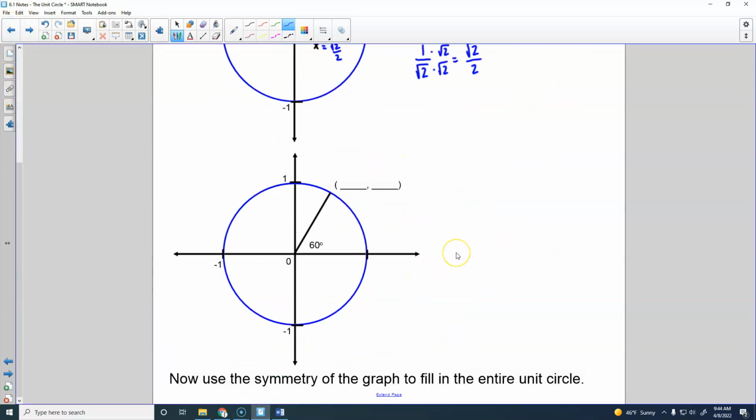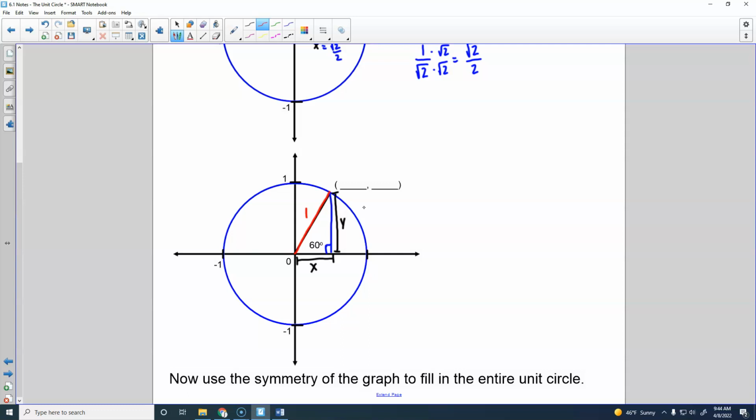All right, last one that we're going to do this way. If I drop down a line here, we're still going to call this side right here x because it is horizontal. We're going to call this side right here y. Okay, we still know that the hypotenuse is 1.